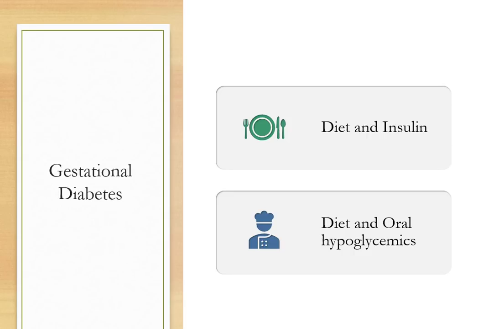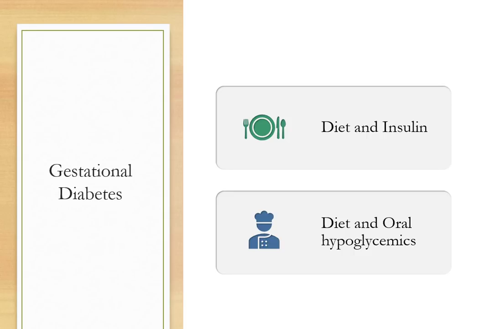O24.4 for gestational diabetes. Of note, no other code from category O24 should be used with the code O24.4. Why? These codes include things like diet controlled, insulin controlled, controlled by oral hypoglycemic drugs.